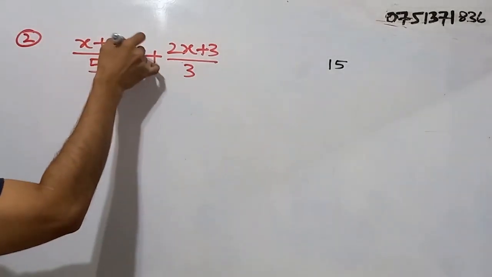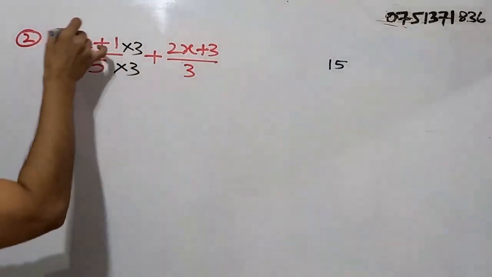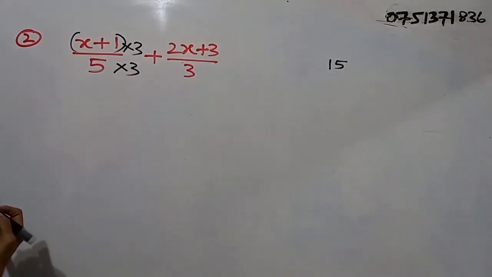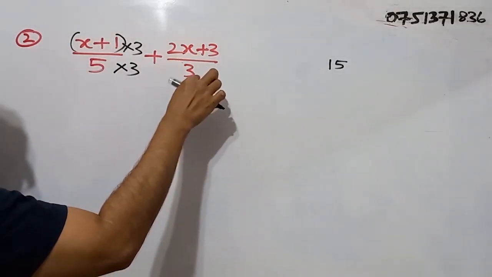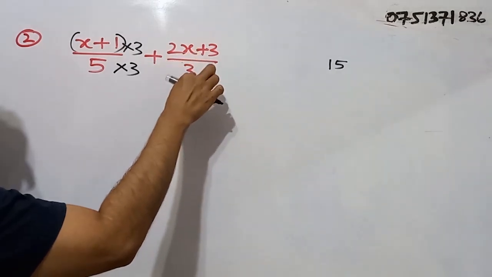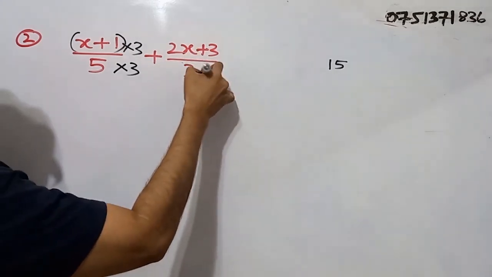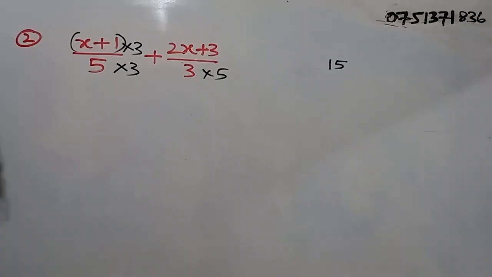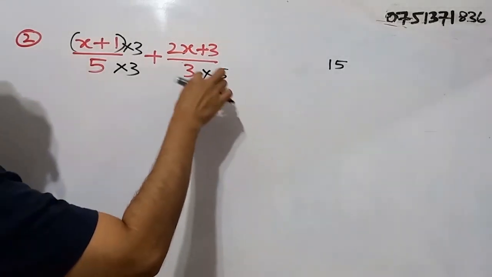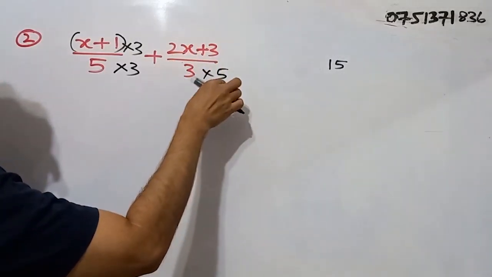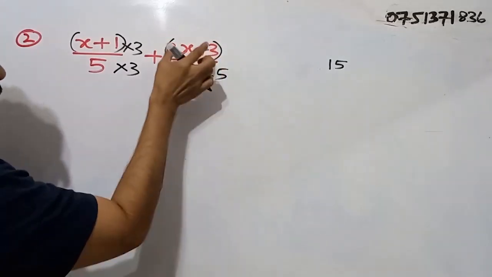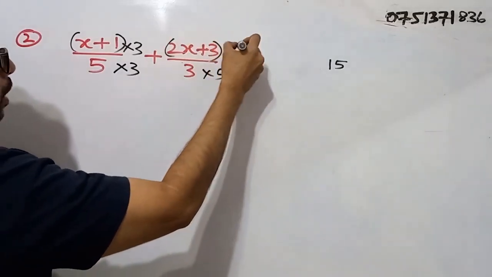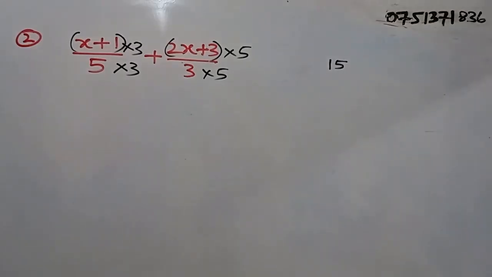So I have to do the same thing to the above entire expression, which is x plus 1. So on the other fraction, in order to convert this 3 into a 15, I have to multiply by 5. So just as before, since I am multiplying the denominator by 5, I have to multiply this entire numerator, which is an algebraic expression, altogether by 5 as well.